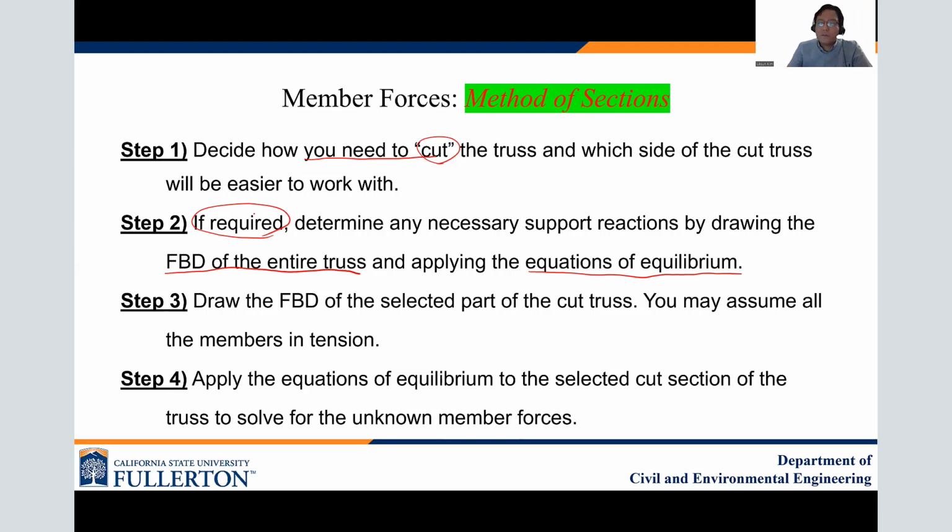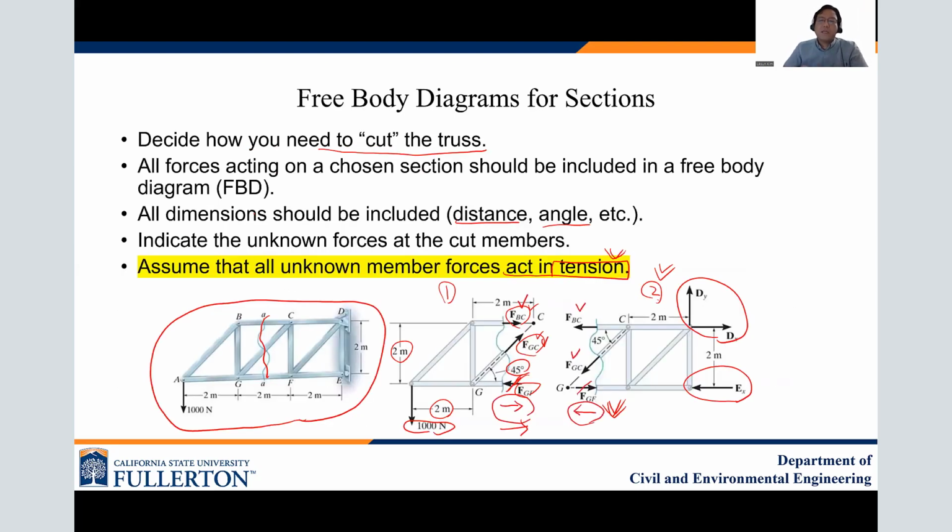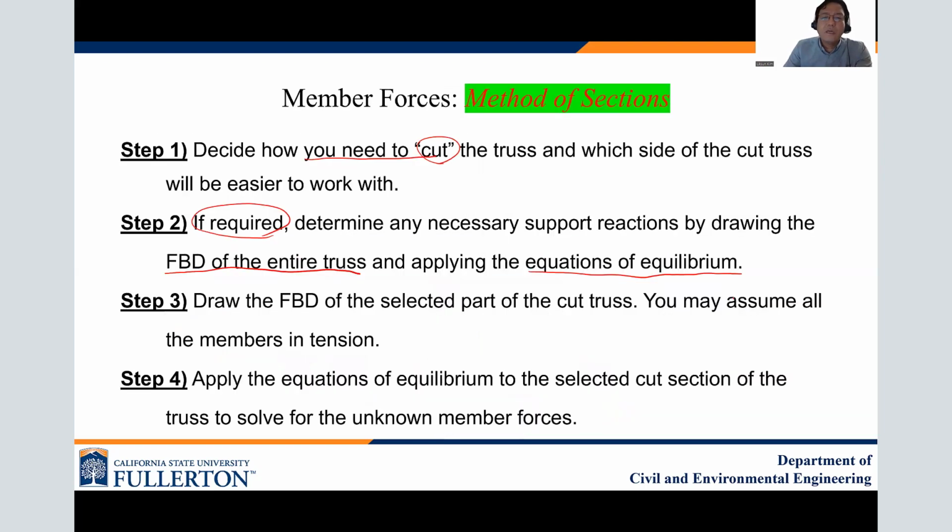The previous one I already explained: if you choose part 1, you don't need to find the unknown reactions, but if you choose part 2, then you need to find the unknown reactions, and then draw the free body diagram.